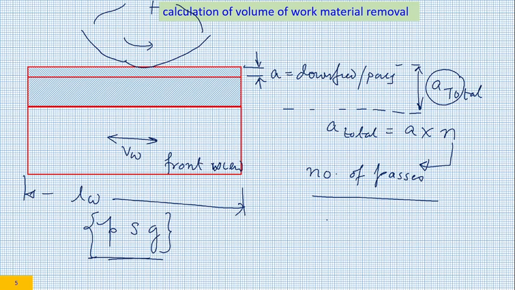So under such circumstances, how much work material has been removed? The work material removed is LW into N into A into something else. What is that something else? That something else is the width of the job, BW.